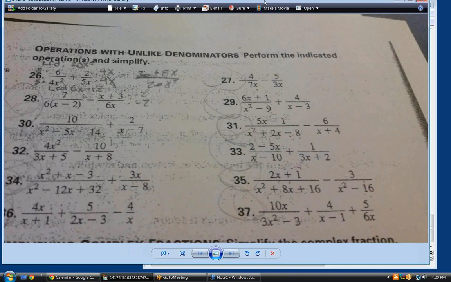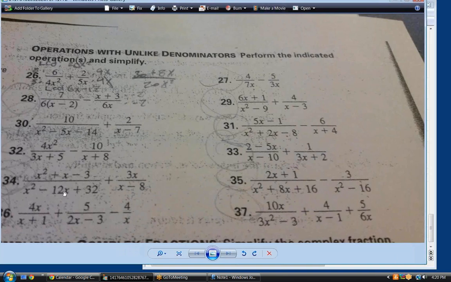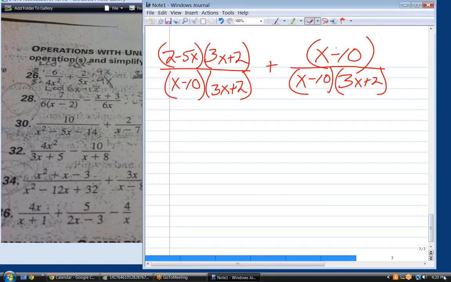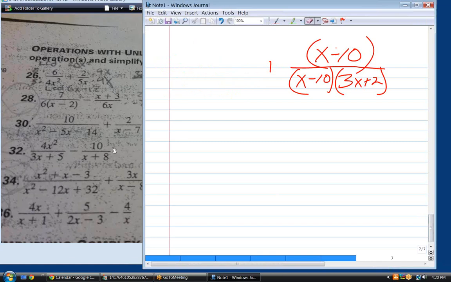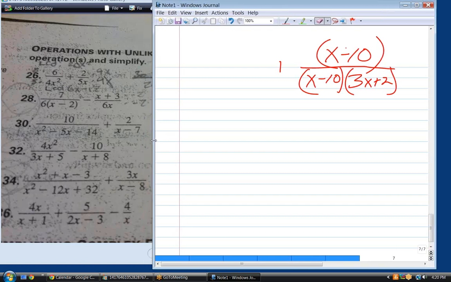34. When you see a quadratic in one part, well, what's one of those factors almost certainly going to be? X minus 8? X plus 8? Yeah. Minus... Oh, no. Oh, you're right. It is X minus 8. I had it covered up enough that I was reading 32.